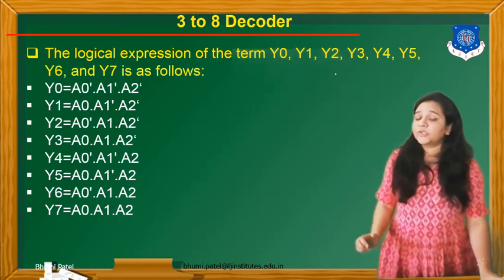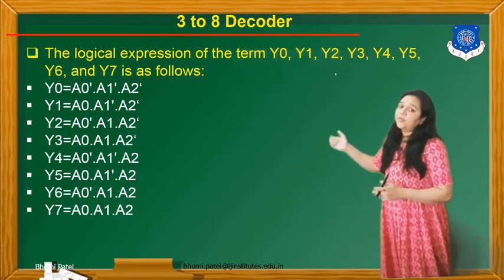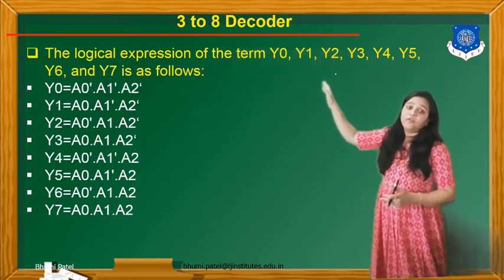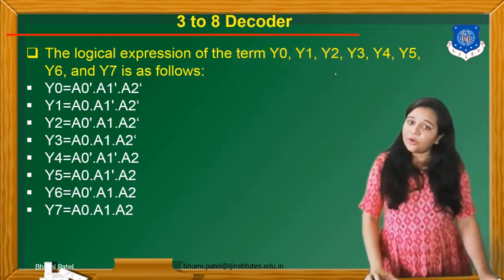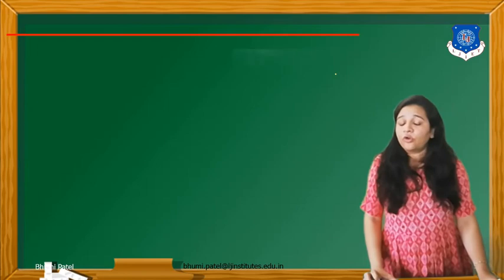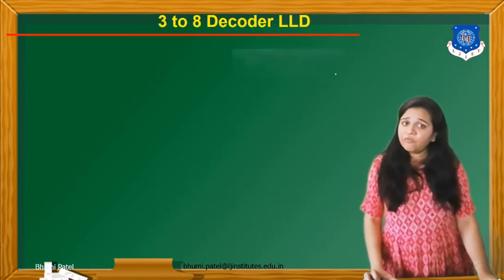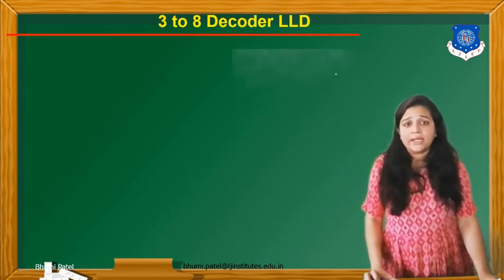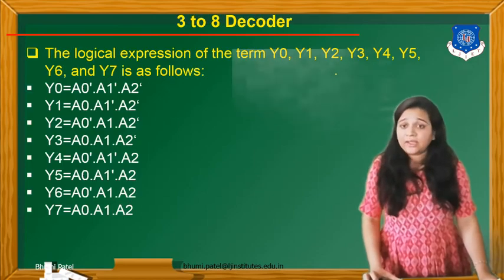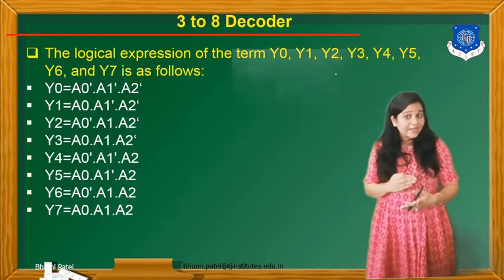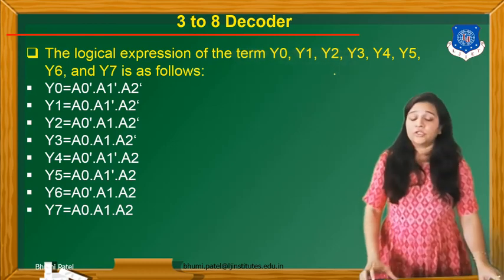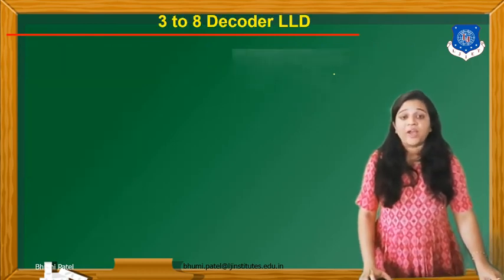If all the inputs are high, we get the Y7 output, and if all the inputs are low, the first output is Y0. Now the next target, as all of you know, is to draw the ladder logic diagram. How many outputs are there? Here 8 outputs, so 8 rungs are executed. The first one is Y0.